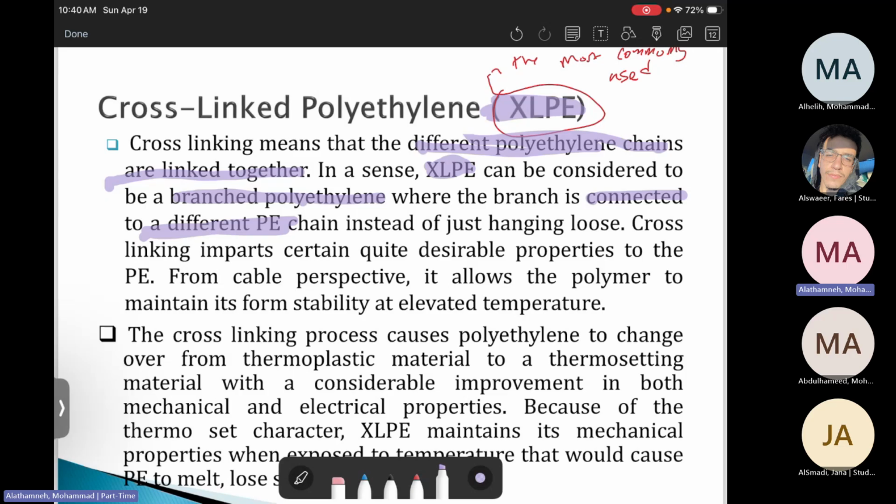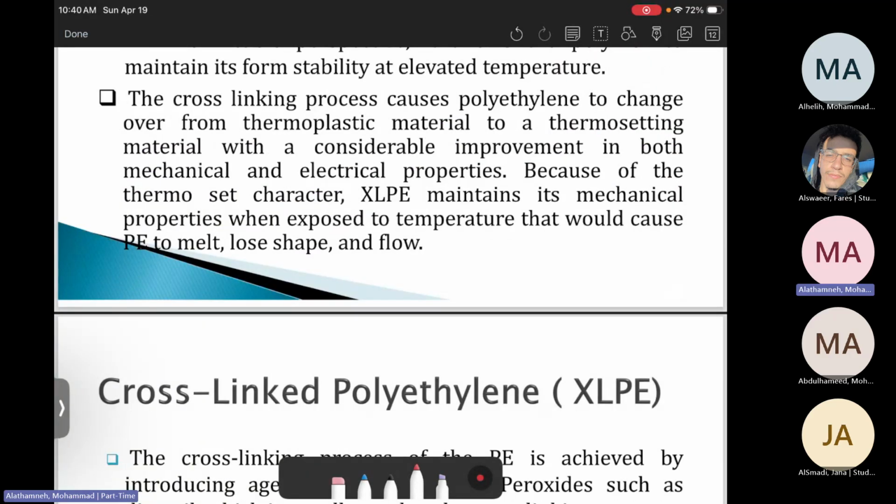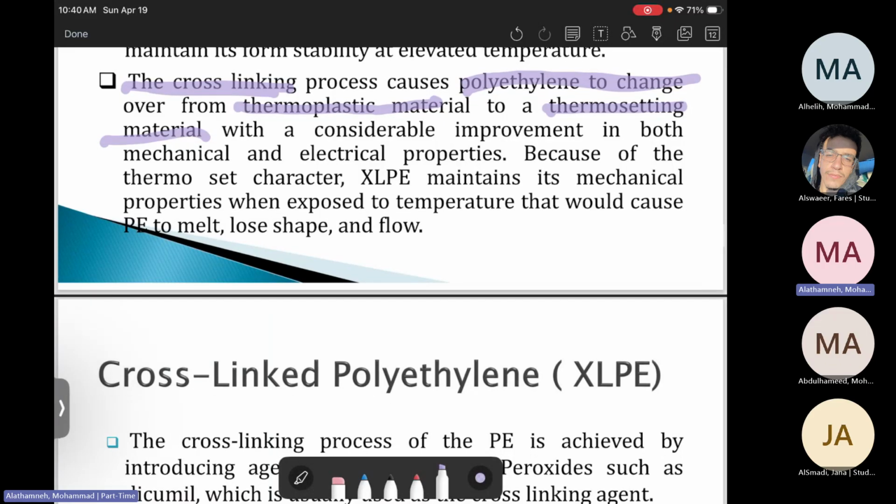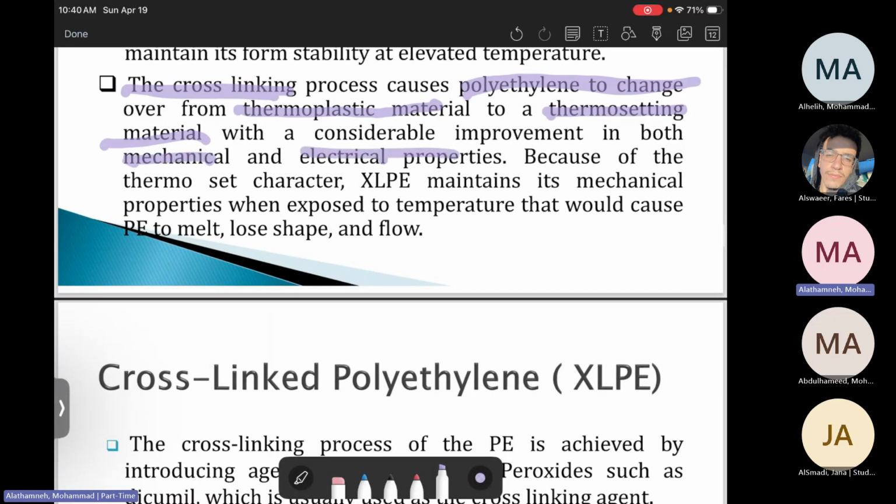Cross-linking imparts certain quite desirable properties to the PE in cables, which allow the polymer to maintain its form stability at temperature. The process causes polyethylene to change over from a thermoplastic material to a thermosetting material, with considerable improvements in both mechanical and electrical properties.